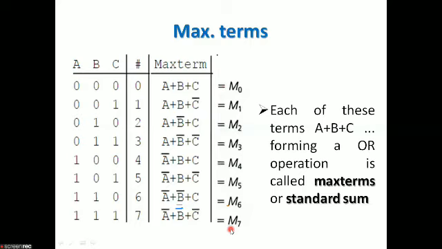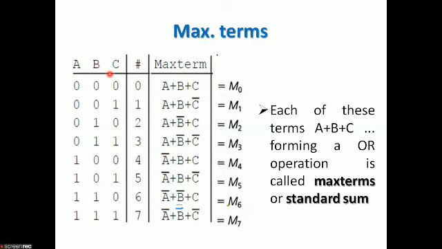Now listen to one thing. Suppose here the variable number is 3. What are the 3 variables? A, B and C. If the variable number were 4, suppose A, B, C, D or X, Y, Z, like this we are taking, then the number of min terms or max terms will be 2 to the power 4, that is 16.